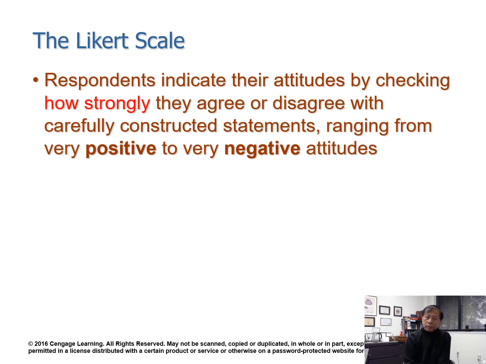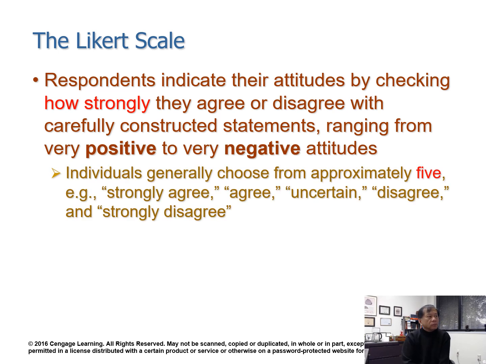Likert scale. You've all heard of a Likert scale. It's very strong and commonly used. Respondents indicate their attitude by checking how strongly they agree or disagree with carefully constructed statements ranging from very positive to very negative attitudes. Individuals generally choose from approximately five, sometimes seven, options.